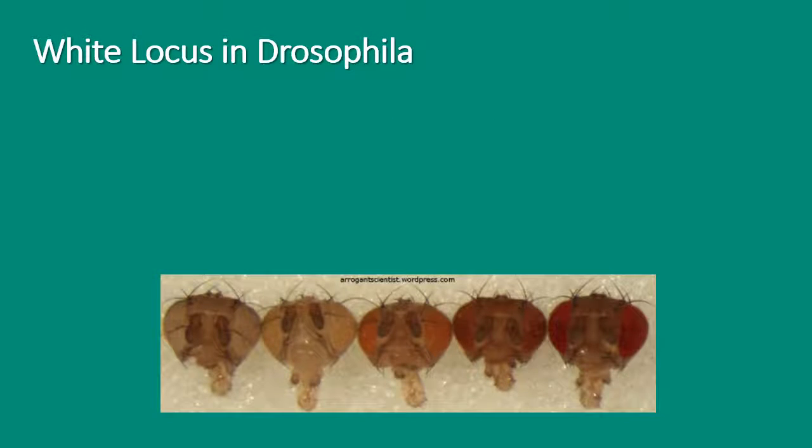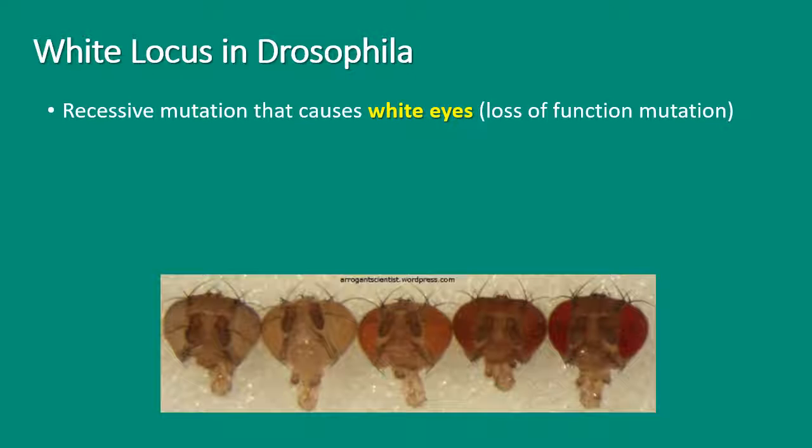The white locus in Drosophila is another example of multiple alleles. Drosophila are supposed to have that brick red eye color. If they have two recessive alleles for white eyes, they won't transfer any pigment to the eyes, and so the eyes will be white by default.